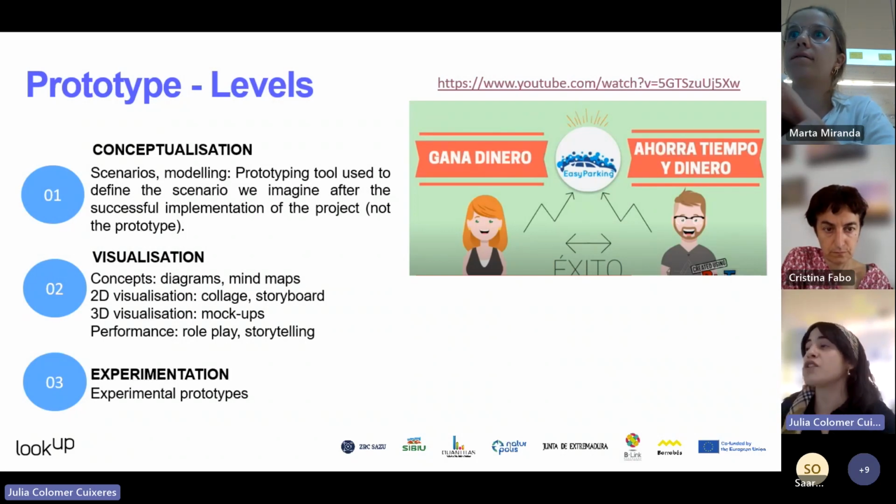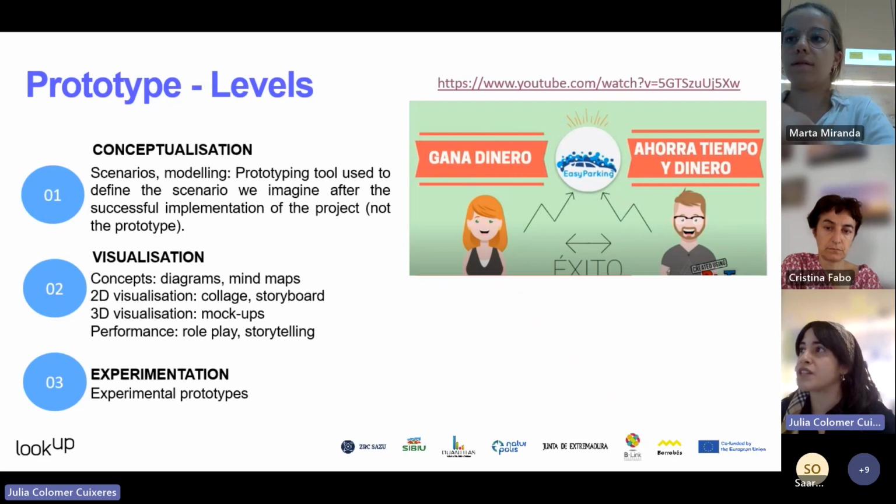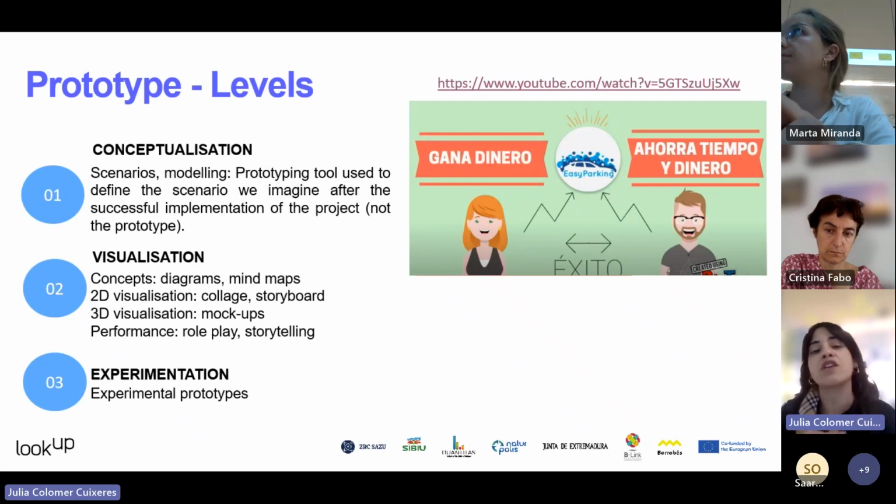Then we have visualization, which is more about the prototype that we are looking for: diagrams, mind maps, collages, storyboards, mockups, or more performance prototypes, such as role playing and storytelling, of which I will show you an example. And then we could go to the third level, which I don't want to go into in depth today, because it's not something we are going to ask of you, but it's experimentation.